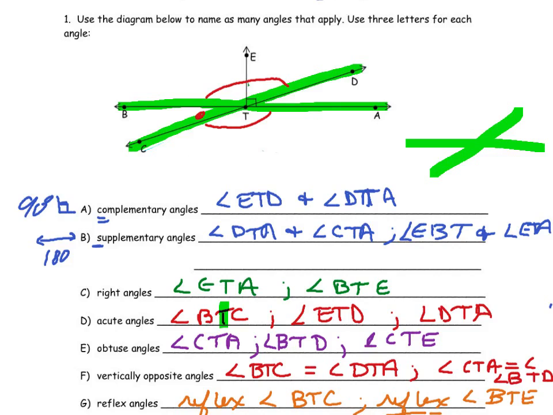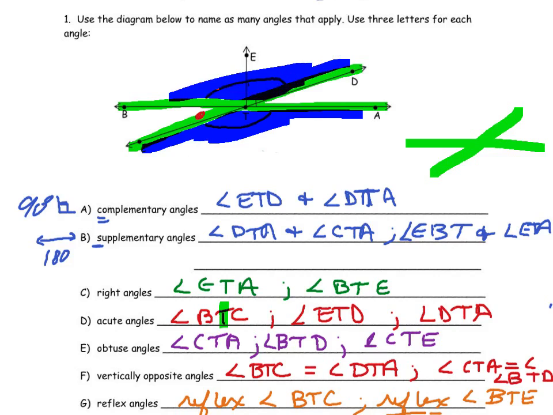And those angles can be shown in the diagram. So this large angle here, it's obviously greater than 90, is equal to the angle across from it. So with your scissors, the opposite angles are always equal.